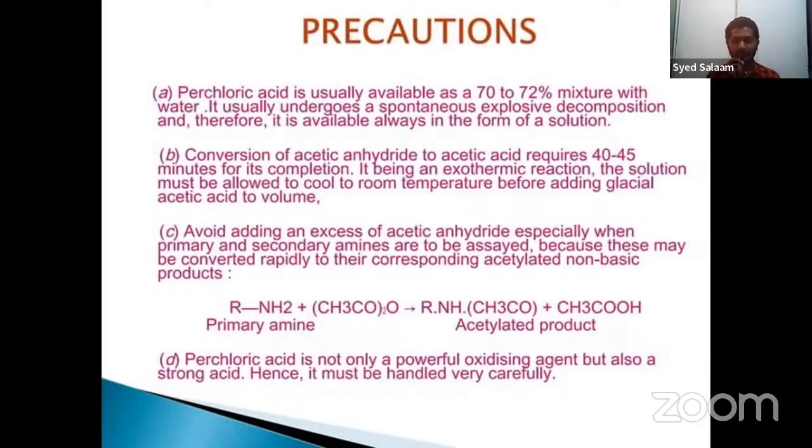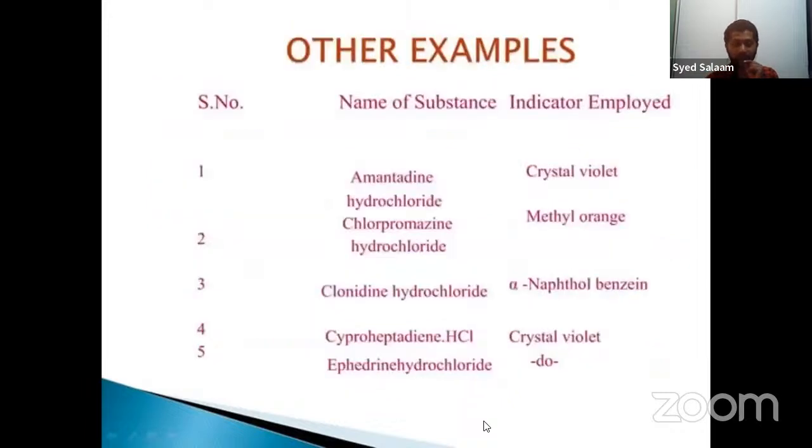Only the limited amount should be added. And perchloric acid is not only a powerful oxidizing agent, but also a strong acid, so we need to take proper care while handling it, because spilling on the hands could be very harmful.